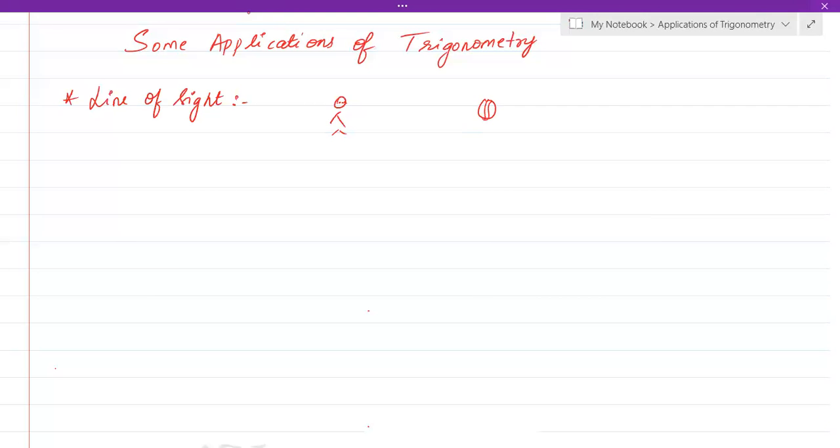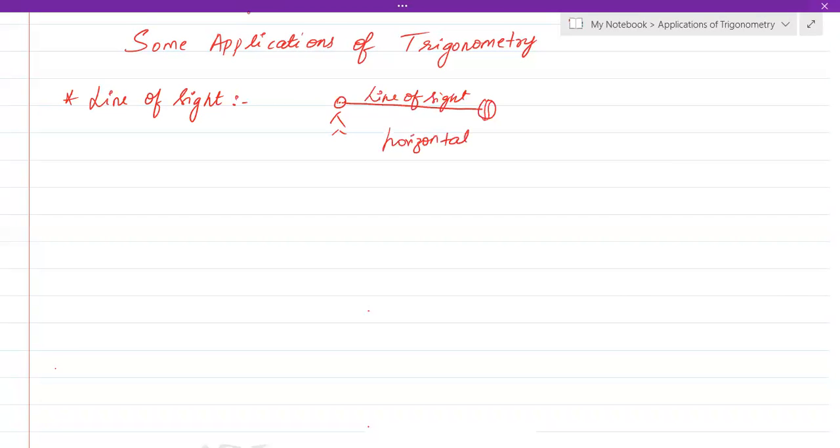Now what is the line of sight? The line of sight is simply an imaginary line drawn from the eyes of the person to the object that he is viewing. So this line will be the line of sight. If this line of sight is parallel to the ground, then we call it horizontal line of sight.